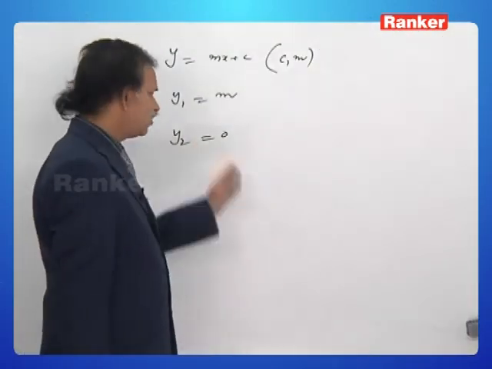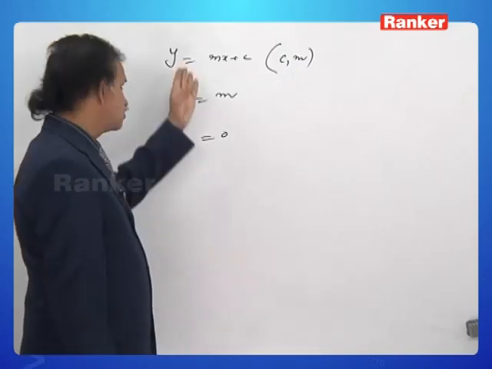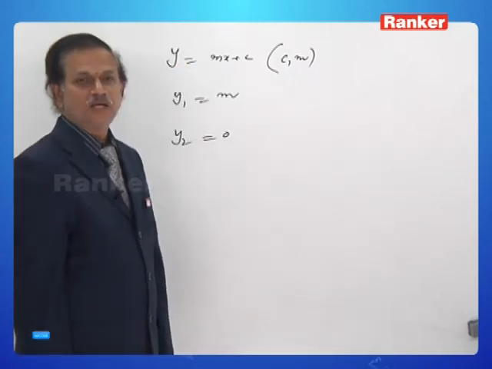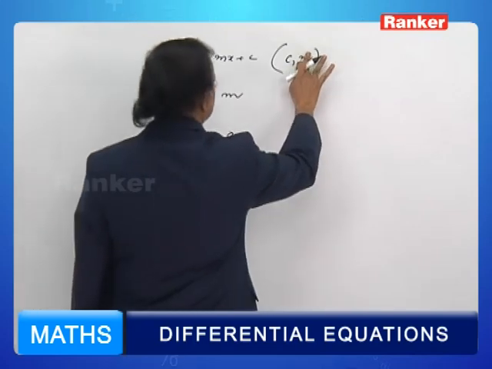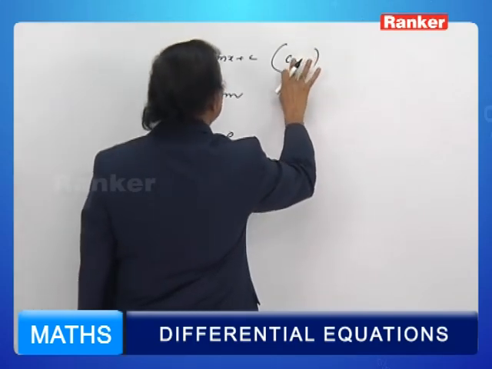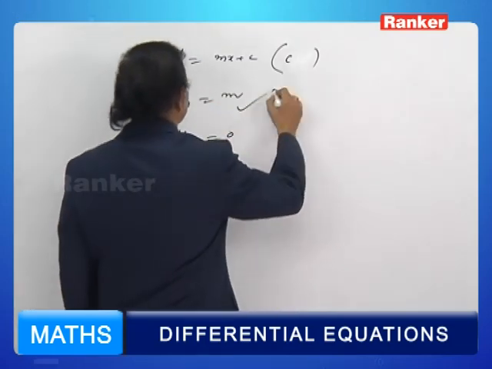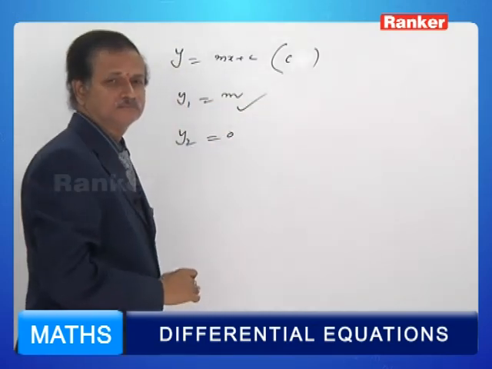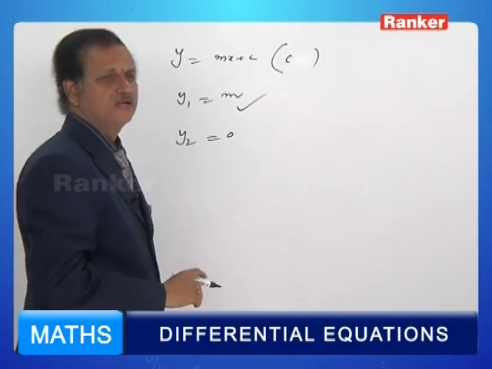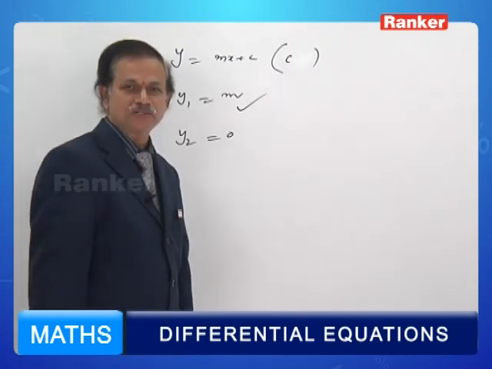Stop there. No constants. This is the differential equation whose solution is this. If only c is to be eliminated, then this is the differential equation. Isn't it? Like that we produce.